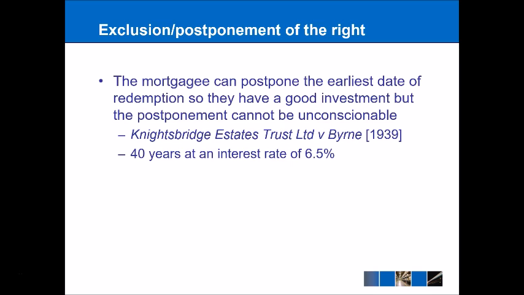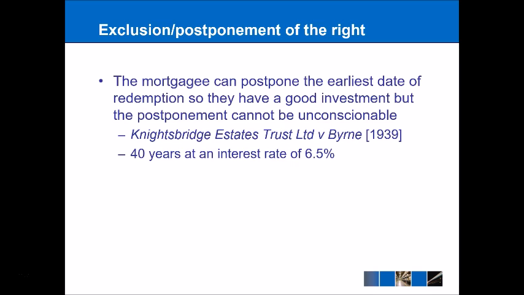And to explore this in more detail, we can go back to the Knightsbridge Estates Trust that we mentioned earlier. In this particular example, the date of redemption was postponed for 40 years and was at an interest rate of 6.5%. Unfortunately, after the agreement was signed, the interest rates fell dramatically and the person was stuck at this 6.5% interest rate.